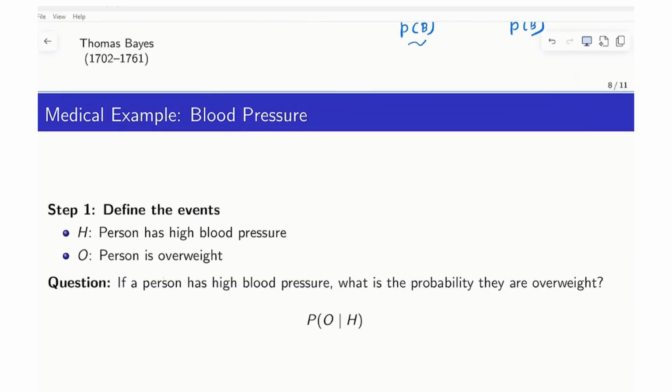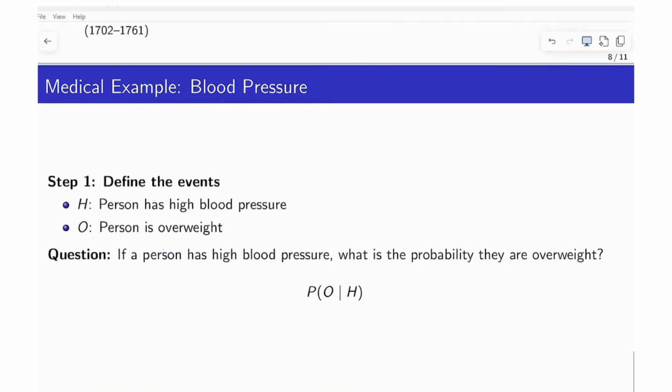Mathematically, that is the probability of O given H. Be careful that this is not the same as the probability of high blood pressure given overweight.